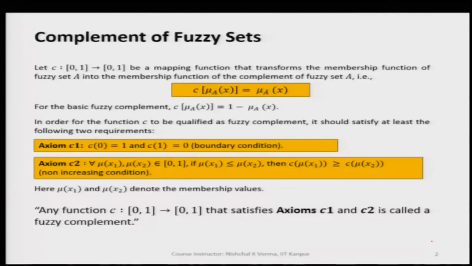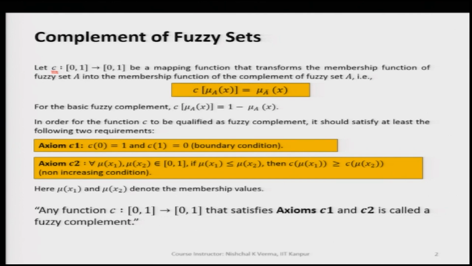So, the complement A bar is going to be obtained by operating a complement function C. This C is such that when it is operated on any membership value, we are going to get values right from 0 to 1. So, what does this mean?